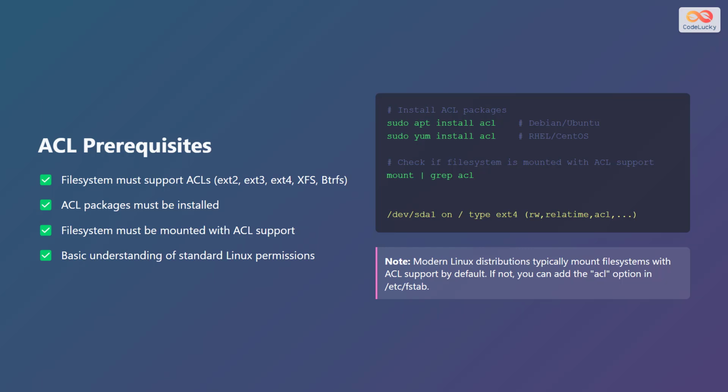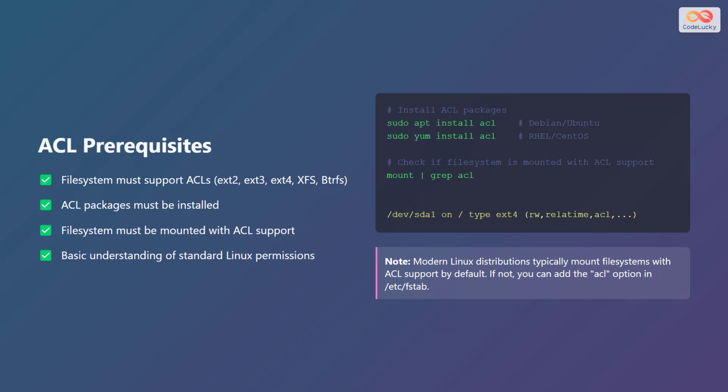Before diving into using access control lists, make sure these prerequisites are fulfilled. First, your file system must support ACLs. Common file systems like Ext2, Ext3, Ext4, XFS, and Btrfs all support ACLs. Secondly, ensure that the necessary ACL packages are installed on your system.